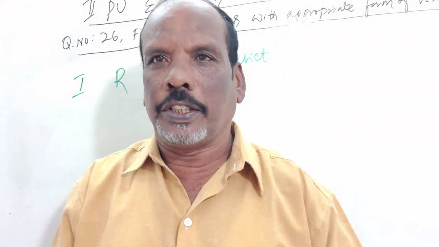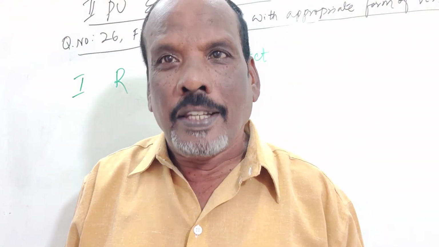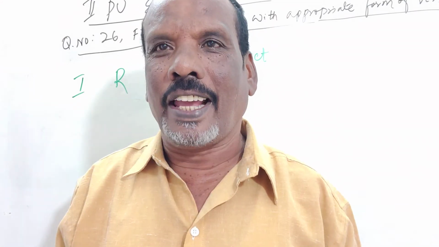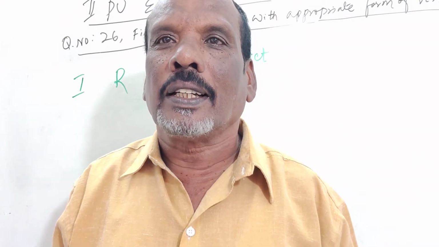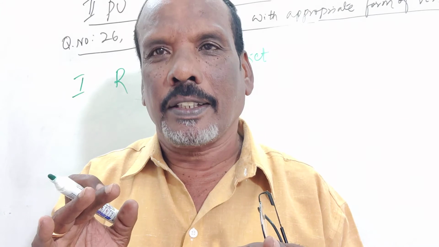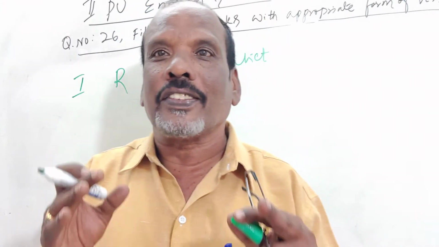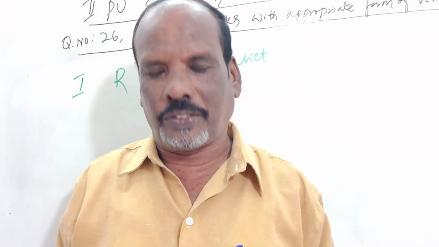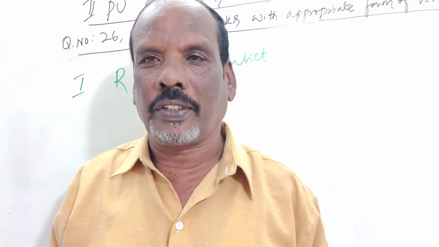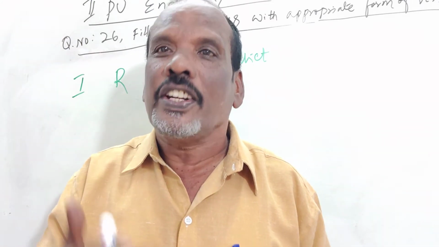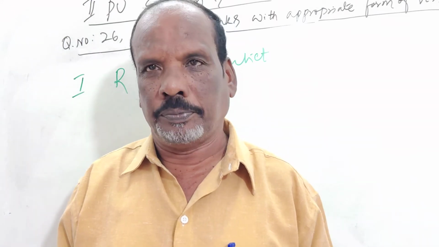Here, it is an active voice because we give importance to the subject and the subject is active. That is why the verb is in active voice. And we have to change it into passive voice form.